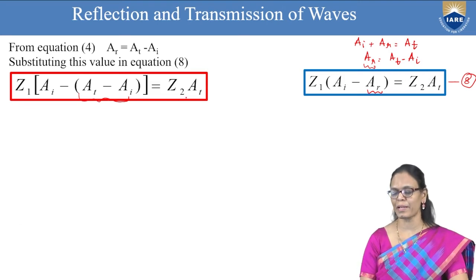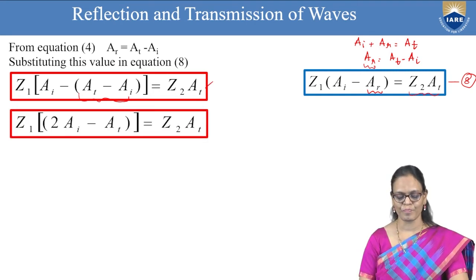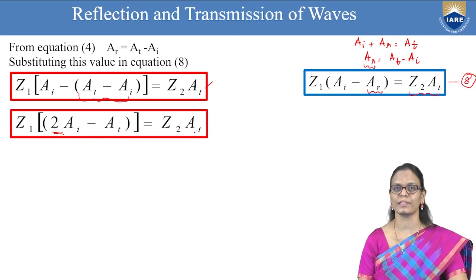And the right hand side remains the same, Z2 into AT. So this remains the same. Now let us simplify. So we have Z1, this is AI minus AT, and minus of minus is again plus AI. So AI plus AI, we get 2AI. So Z1 into 2AI minus AT will be equal to Z2 into AT.